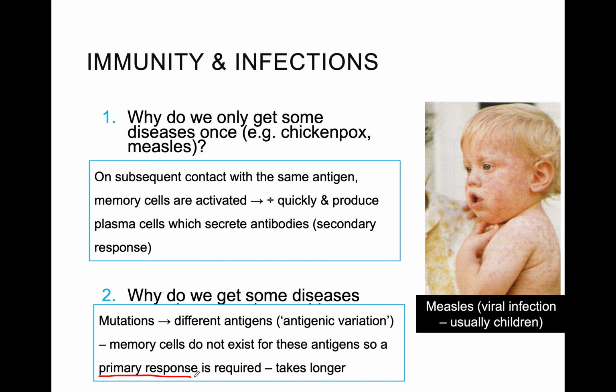Now, the reason I wanted to talk about this is because for your evaluation, one of the drawbacks, I suppose, of the specific immune response is that it does take a while before there are a sufficient number of B plasma cells and cytotoxic T-cells and T helper cells to fight off an infection. Whereas the non-specific immune responses, so the barriers and the phagocytosis, they happen immediately.